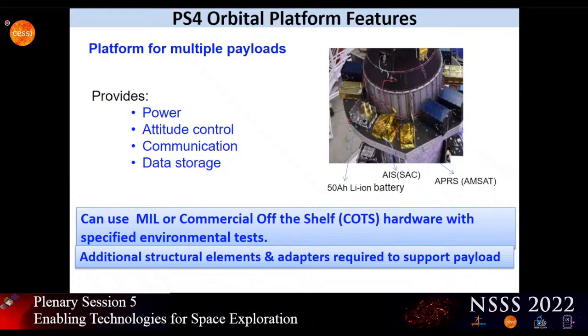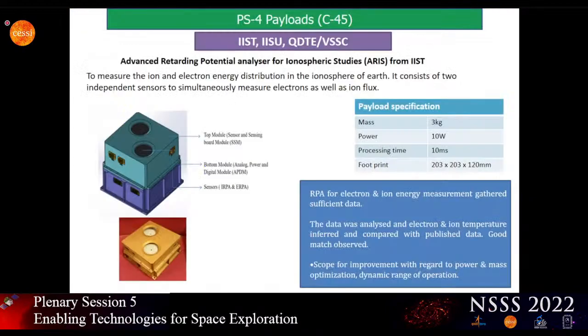Additional structural elements and adapters are also required to support the payload. And the last item: there will be strong talks between the project and the user community, because the user community should know what is possible that will be able to interface with this.